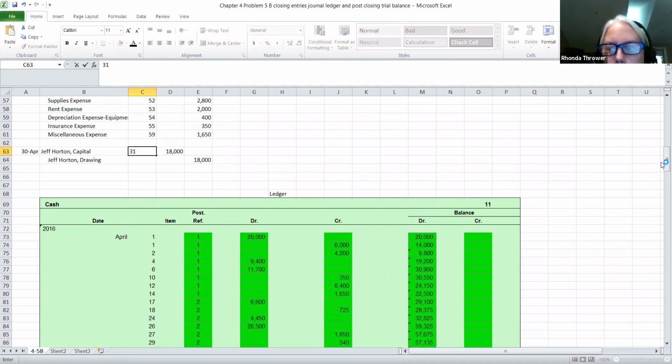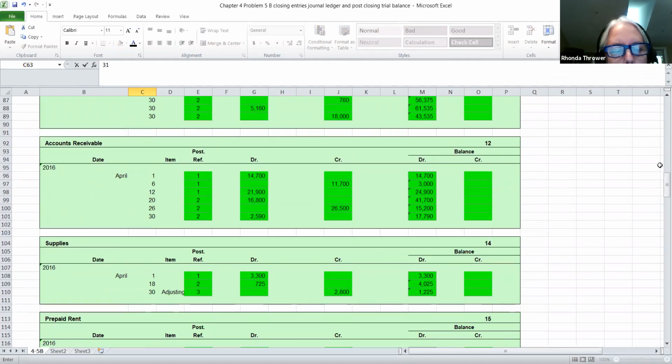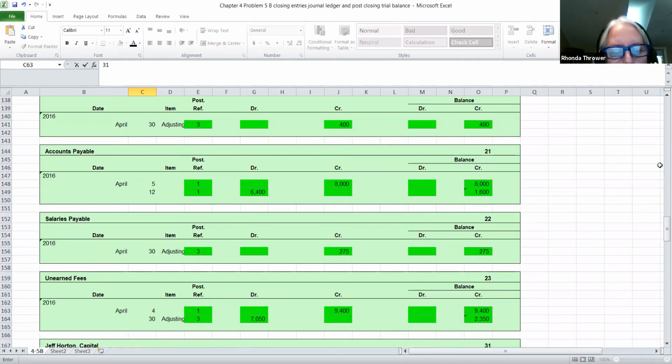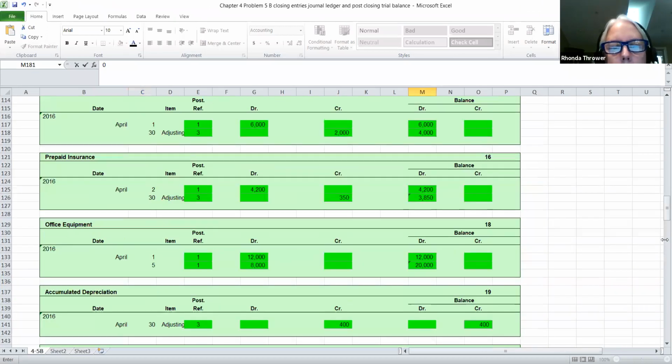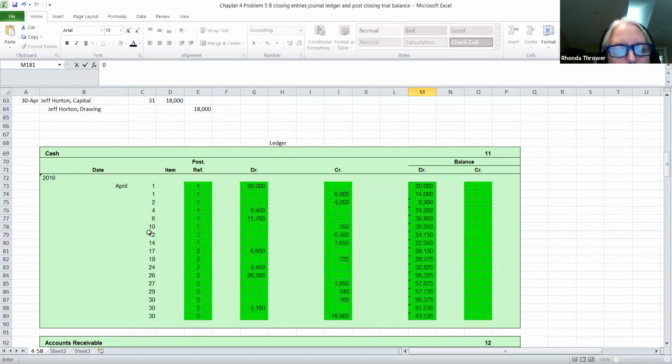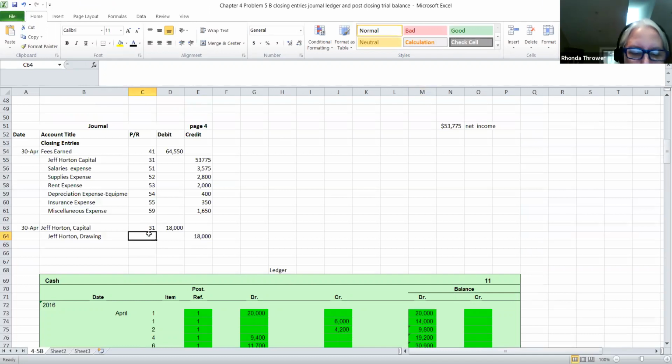Now I'm going to go to my drawing account and I'm going to zero it out because it was a temporary account. And I credited my drawing to get it to a zero balance here. And I'm going to pick up my 3-2 and I'm going to put that in the journal.